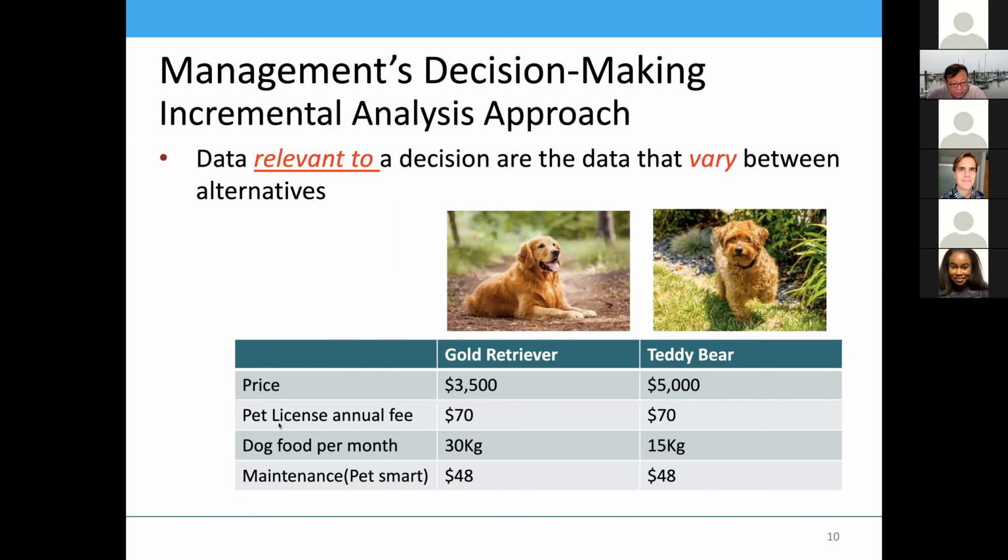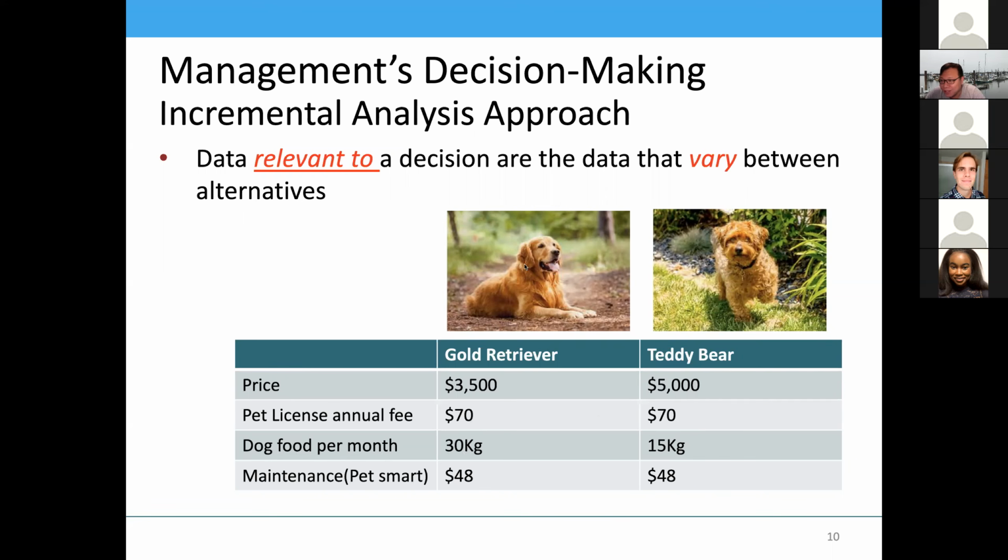Some other costs would be licensing. You have to have a pet license to have a pet. That's $70 for the golden retriever and $70 for the teddy bear. And also the ongoing dog food. The golden retriever is bigger, so it's going to eat more than the teddy bear.